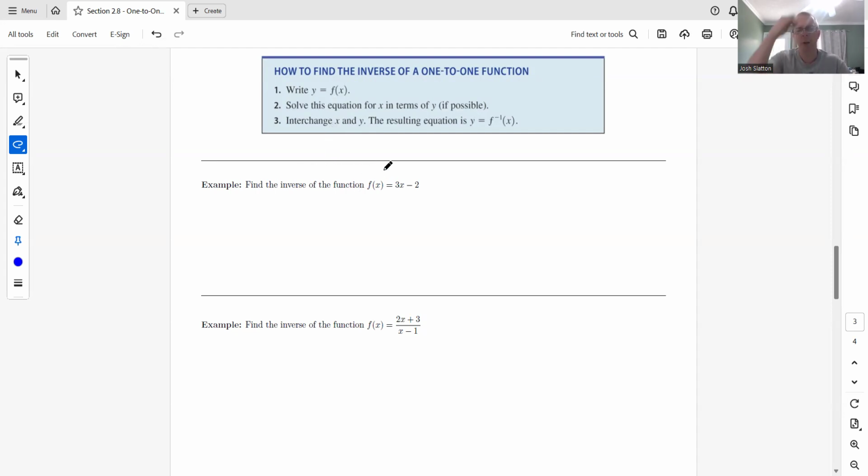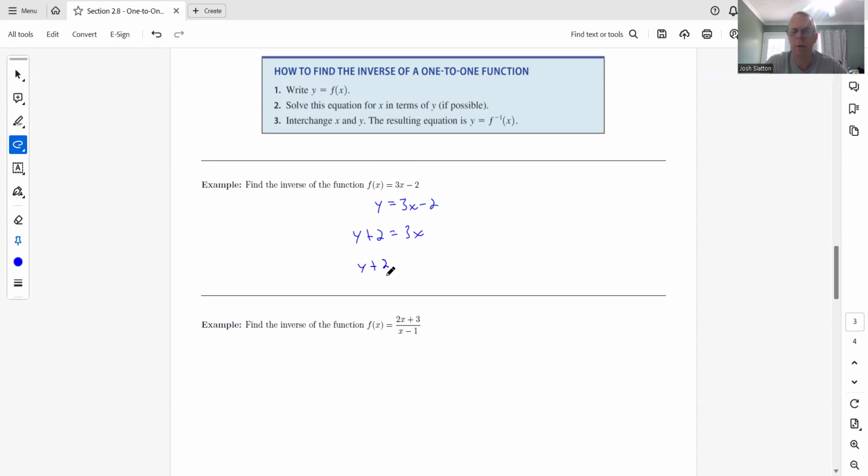Let's find the inverse of this linear function. Like I said in the last video, all linear functions will have an inverse. The way you do it is just make that a y. Now we're just going to solve this equation for x. So just bring the 2 over. That equals 3x. And then we'll divide by 3.